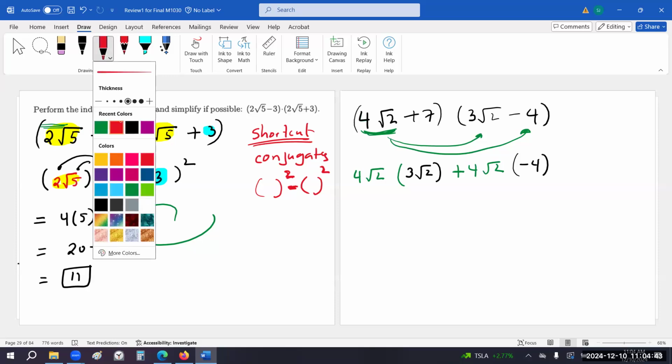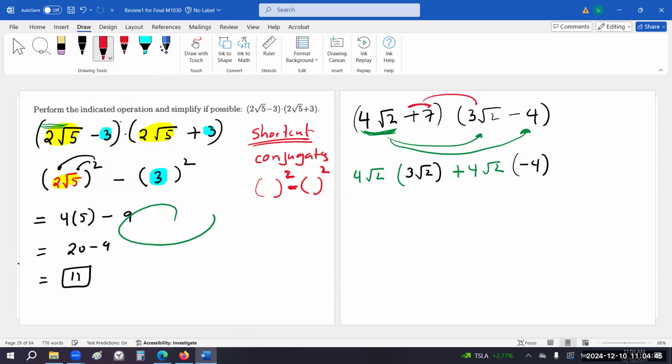Next, we take our 7 and we multiply each one. So plus 7 times 3 root 2 plus 7 times -4. You take 1 from the left, everything on the right.